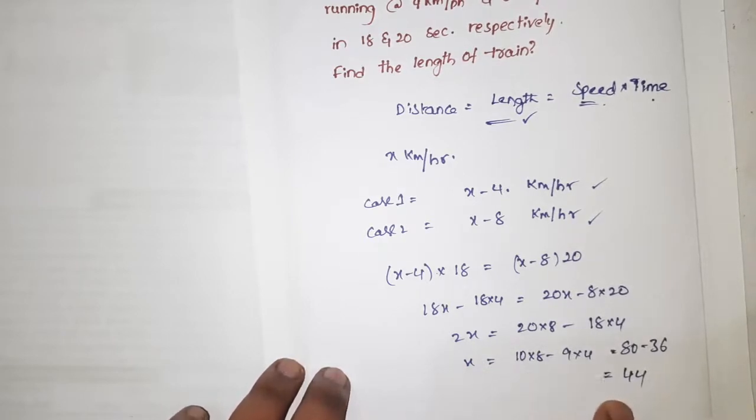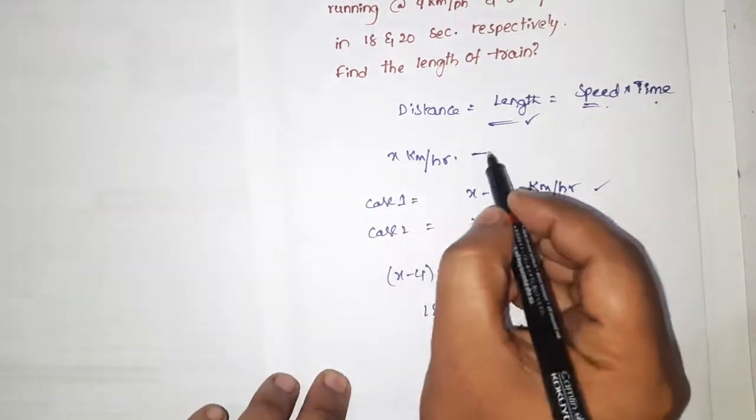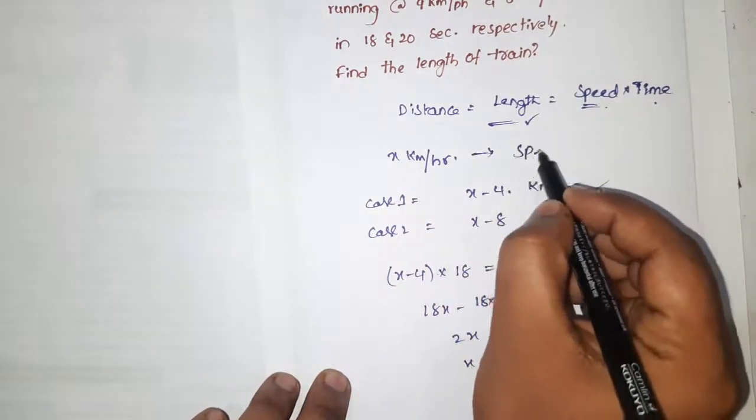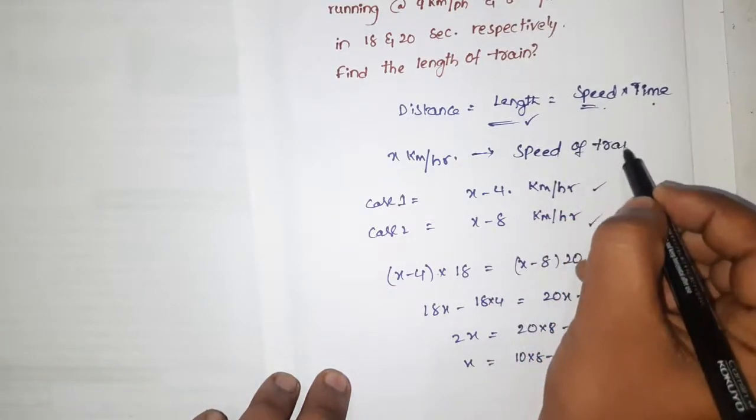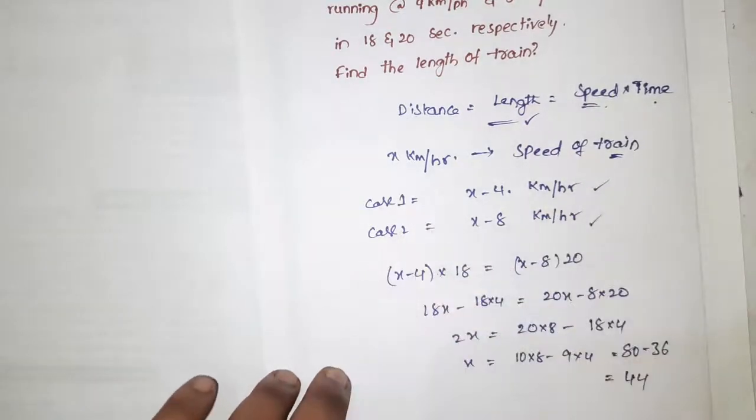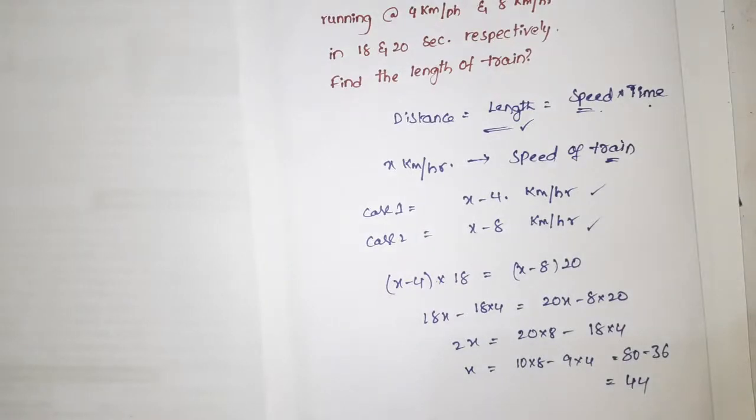Here what is x? x is the speed of the train. Some people may get confused and commit mistakes at this particular point.